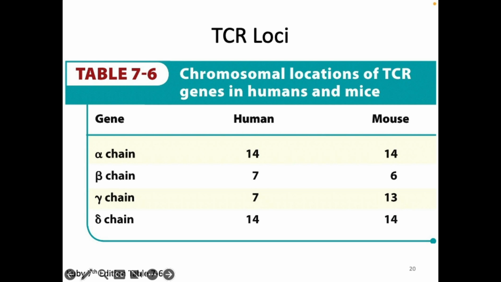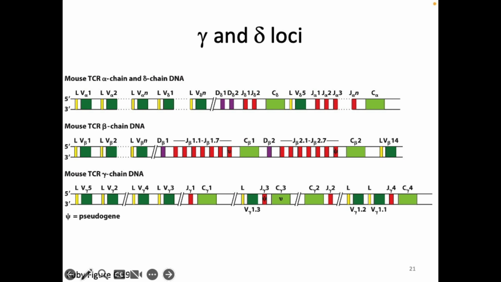And it's more than just that alpha and delta are on the same chromosome. If we look at the parts of the chromosome that have all of these genes, we really only ever look at 3 locations in the genome. Here is beta: we've got our V betas, D beta, J beta. Here's gamma: we've got V gamma, J gamma.